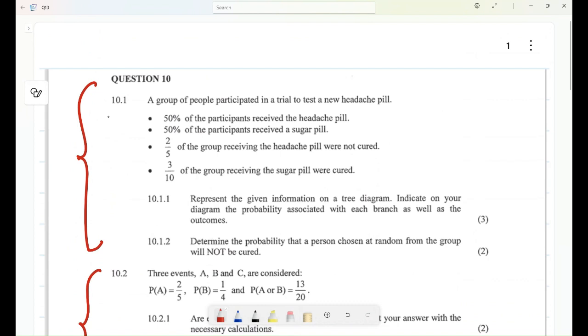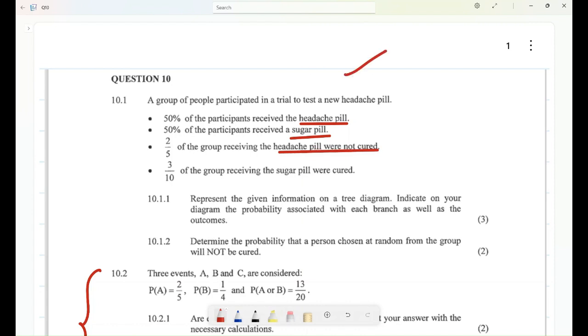Now let's look at the tree diagram. We are told that a group of people participated in a trial to test a new headache pill. 50% of the participants received the headache pill, and 50% received a sugar pill. 2/3 of the group receiving the headache pill were not cured.